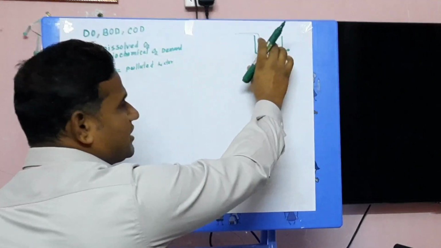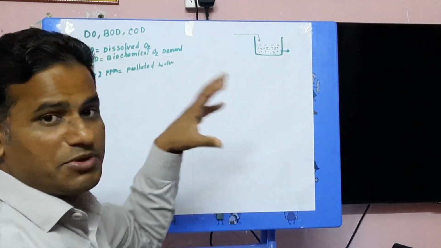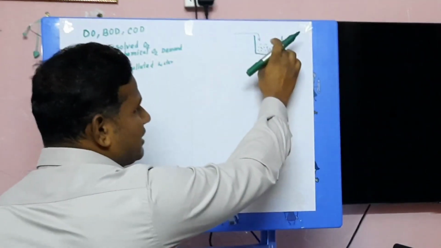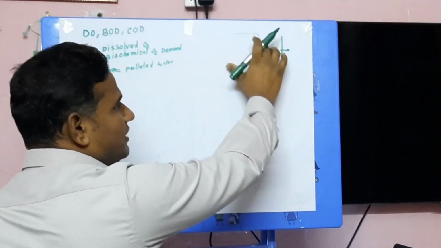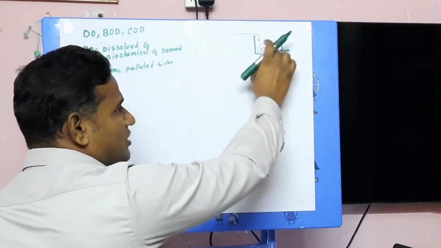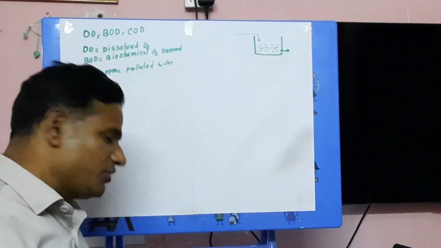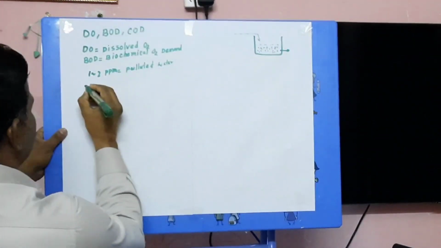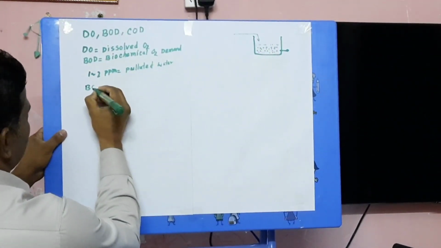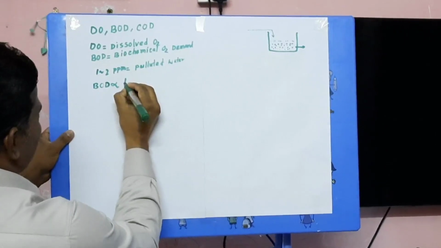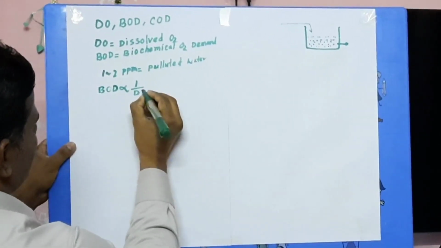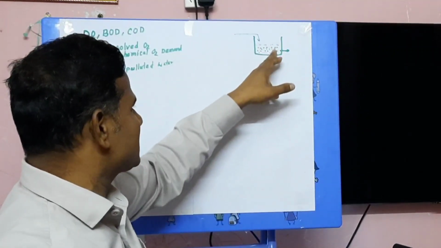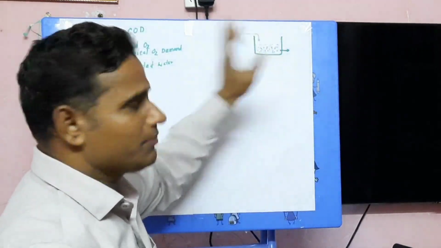If in the water dissolved oxygen is less, that means BOD is more. If BOD is more, dissolved oxygen is less. If BOD is less, that means in this water dissolved oxygen is more. So BOD is inversely proportional to DO. That means biological oxygen demand is inversely proportional to dissolved oxygen.